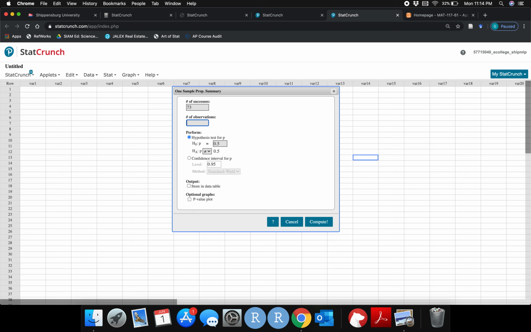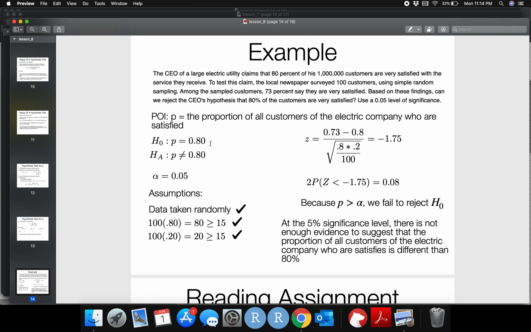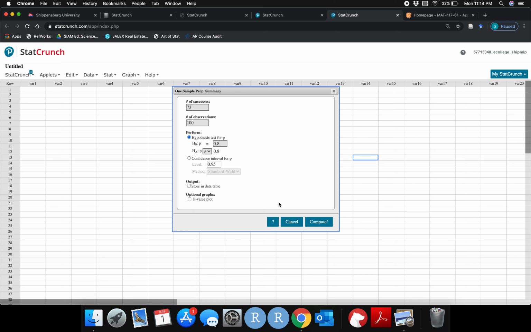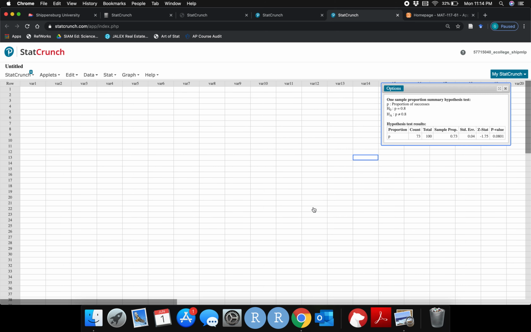The number of observations is 100. And then I'm performing a hypothesis test. It gives you the hypotheses, and they are 0.8 and not equal to 0.8. So again, that's good. We'll click compute and a window pops up.